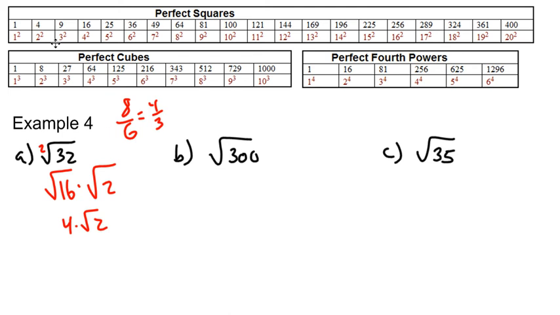If I go to my perfect square numbers, excluding 1, because 1 goes into every number, do 4, 9, 16, 25, 36, and so on, go into 2? No, it doesn't. So that's why we leave radical 2. But square root of 16 is one of our perfect square numbers, so I can simplify square root of 16, but I can't simplify radical 2. So this right here is our simplified answer of square root of 32.